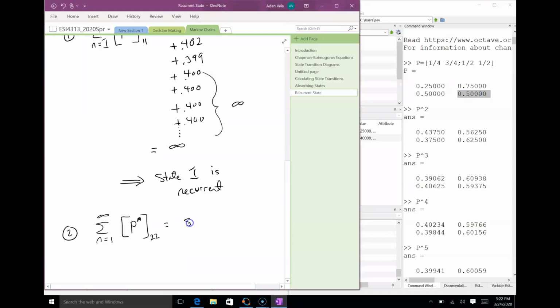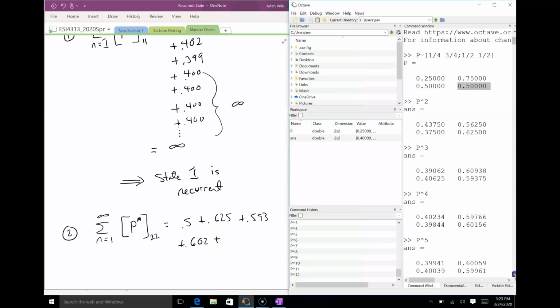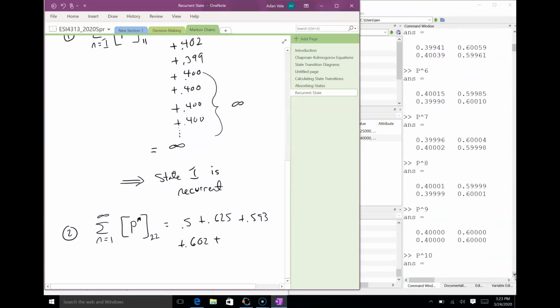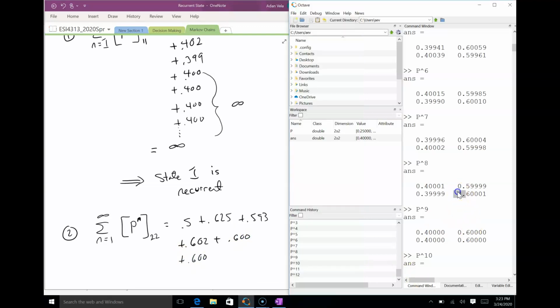So we're going to get 0.5 plus 0.625 plus 0.593 plus 0.602 plus, let's scroll down, 0.600 plus 0.600, and all of a sudden what we see is that we keep getting 0.6.